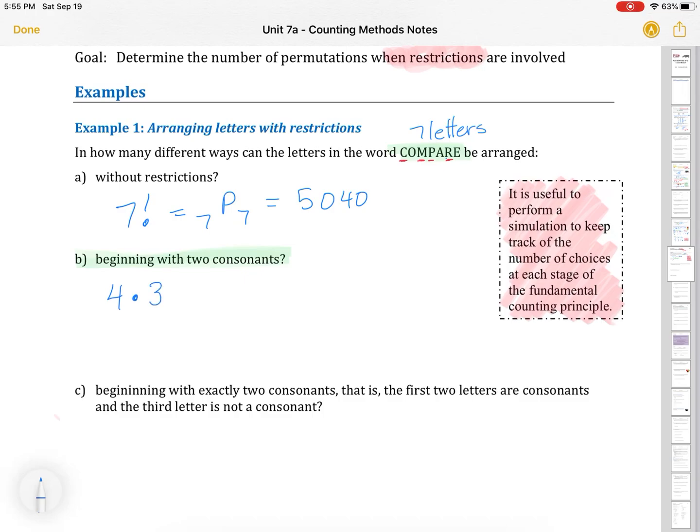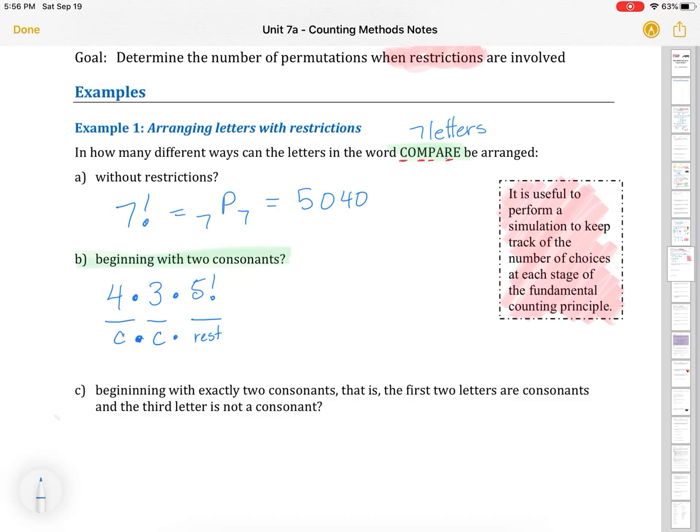For the first letter, we have 4 choices. For the second letter, we have 3 consonants left. Then we can do whatever we want with the remaining 5, so the remaining 5 can be 5 factorial. This is the consonant, this is the consonant, and this is the rest of the letters. We're multiplying because it's one consonant and another consonant and then the remaining 5.